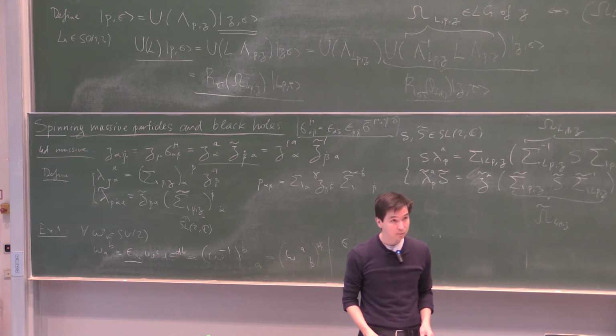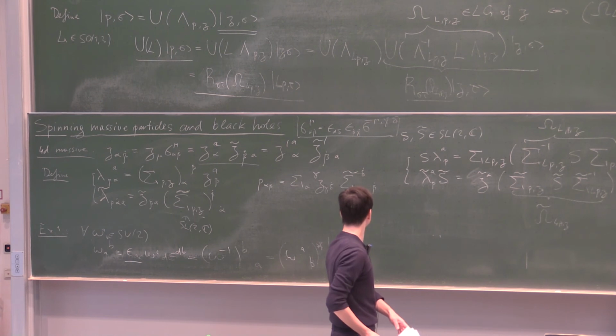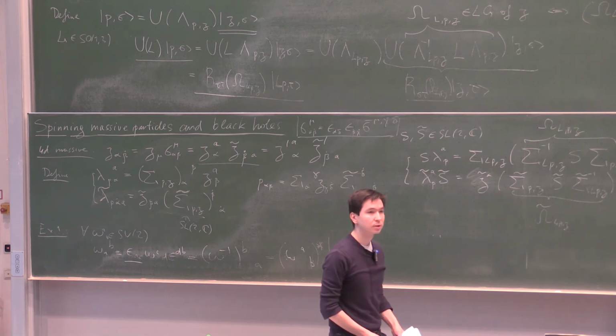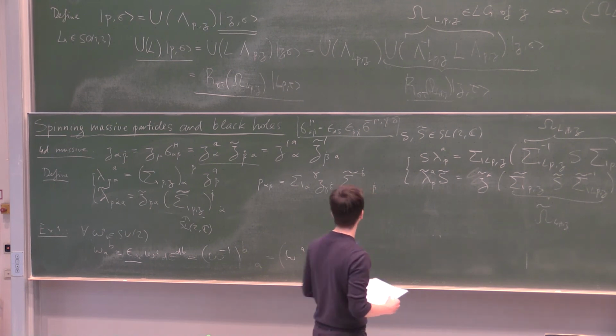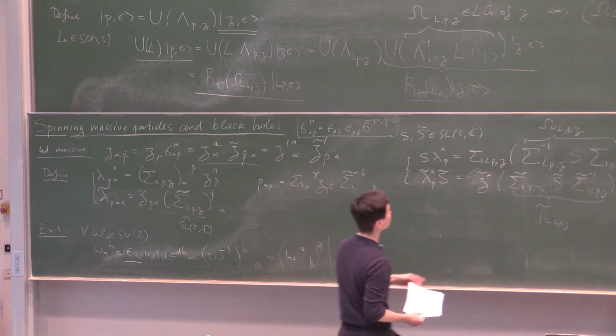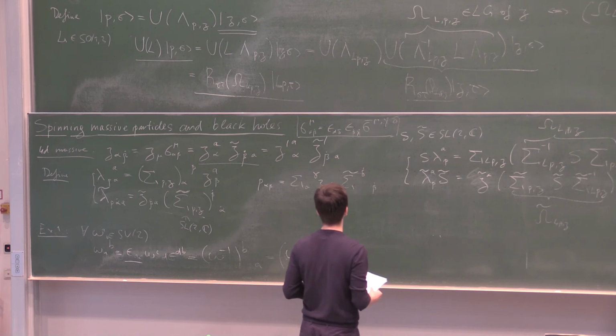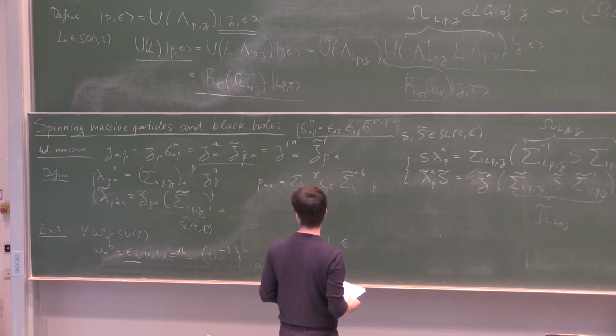The difference between the sigma and sigma bar was just a minus on the spatial indices 1 to 3, and they are the same otherwise.